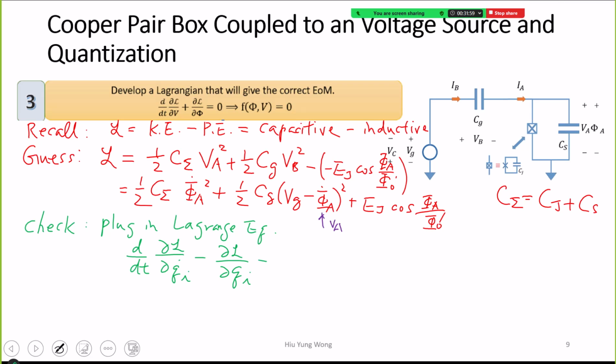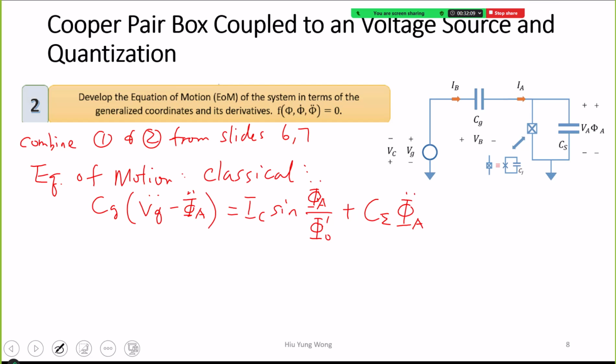I'm not proving; I plug in to get the equation of motion.